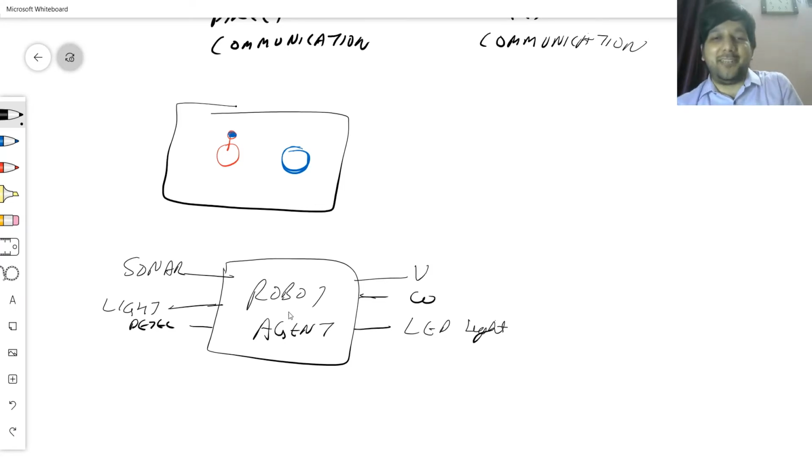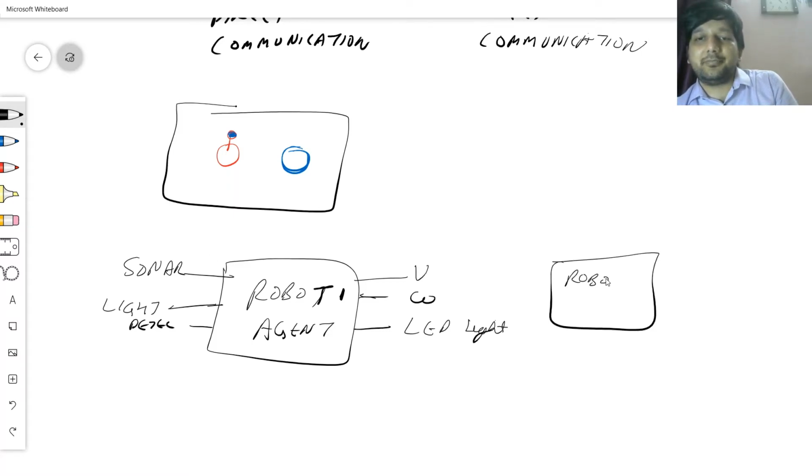And what really will happen is that, let's say this is robot 1, and a replica of this is robot 2, and it again has a sonar and a light detector.